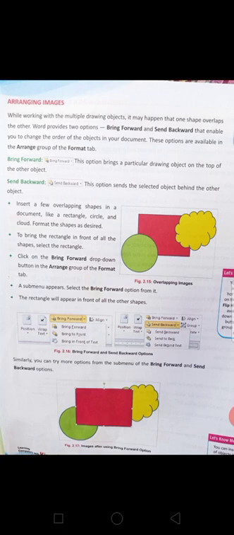To bring the rectangle in front of all the shapes, select the rectangle. Click on the Bring Forward drop-down button in the Arrange group of the Format tab. First of all you need to create the rectangle. After that we will go to Bring Forward, and whatever object you created will come on the top. If you select Send Backward, our objects go in the back.